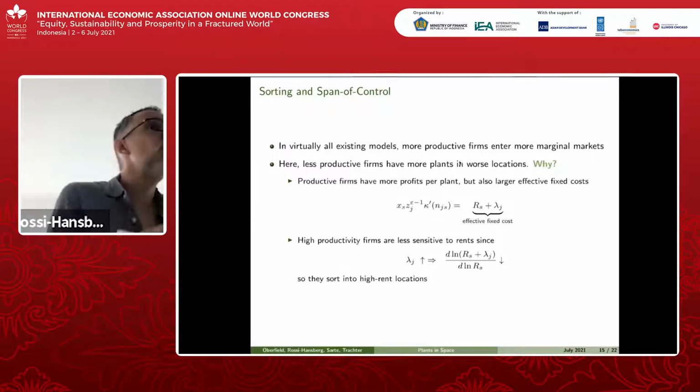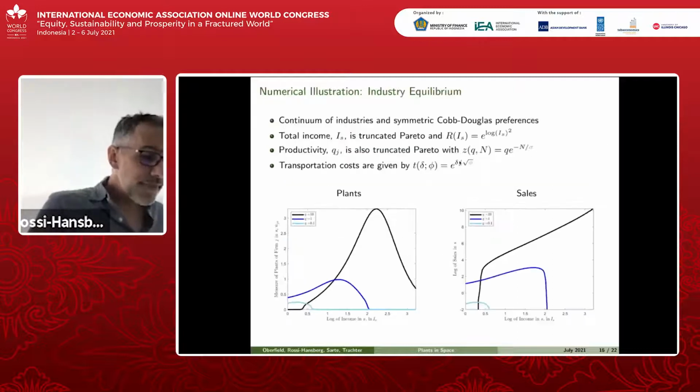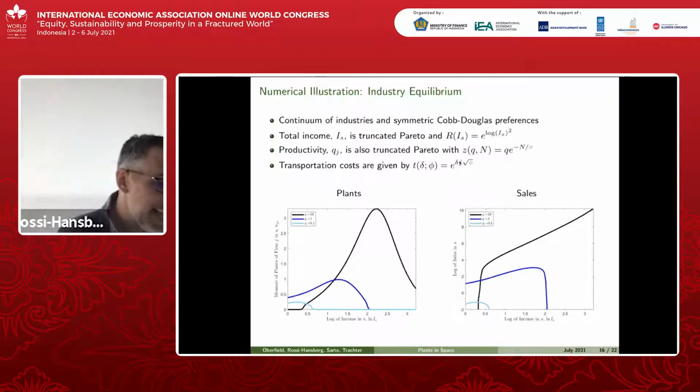And so that gives you this sorting by which high productivity firms tend to go to the more productive places. This is an illustration where, if you put it in the computer, what I have here is an industry equilibrium, an equilibrium in one particular industry, organized on the x-axis by location income.